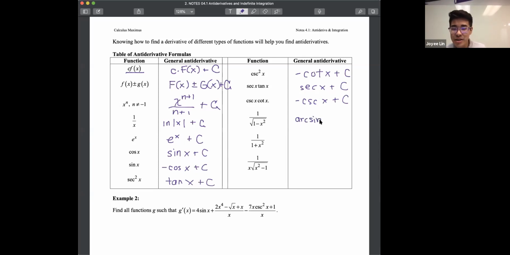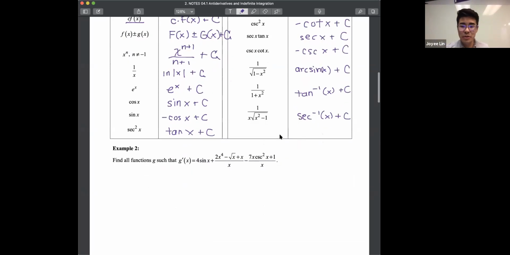The second one is arctan. I'm going to write arctan slightly differently just to remind you, you can write it that way. The last one is arcsecant. Okay, arcsine, arctan, arcsecant. So if you want to have a little derivative table or integral table, that's great. I really don't think you'll need one, but who knows?